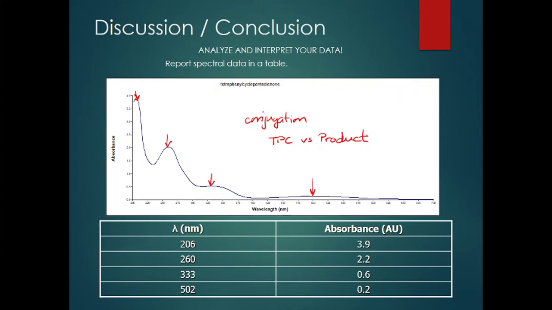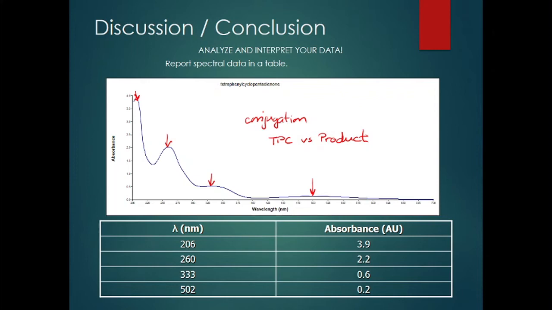On the other hand, if the UV visible spectrum says that TPC is more conjugated than our product, but tetraphenylnaphthalene is more conjugated than TPC, that would mean we do not have TPN as our product. So this isn't really going to confirm, yes, we definitely have TPN, but it will tell us that it might be or it definitely is not.